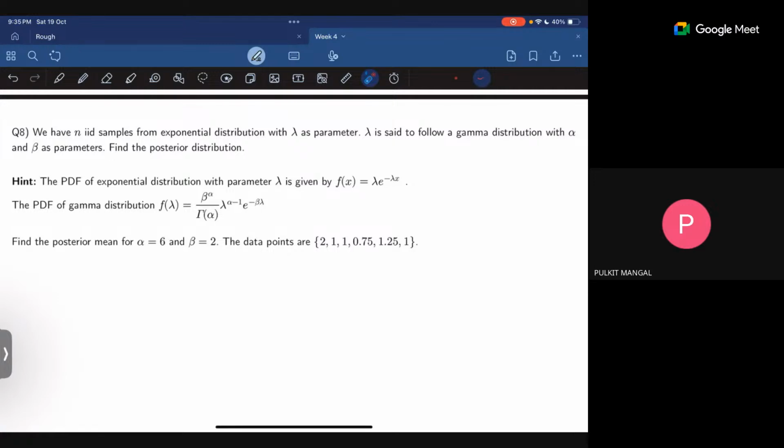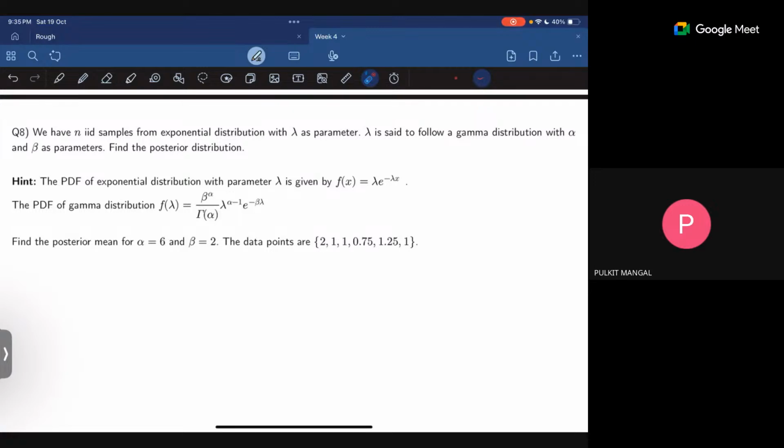What will the posterior distribution be if you choose the gamma distribution as your prior for the exponential distribution? Okay, we have to solve it. I'm not sure, but beta, sir. No, it's wrong.